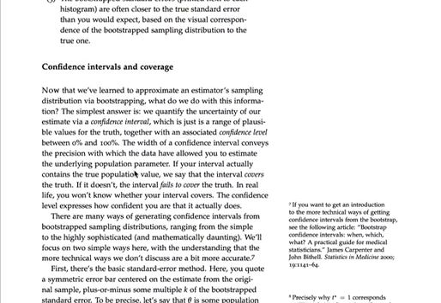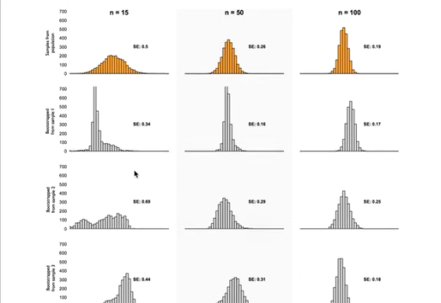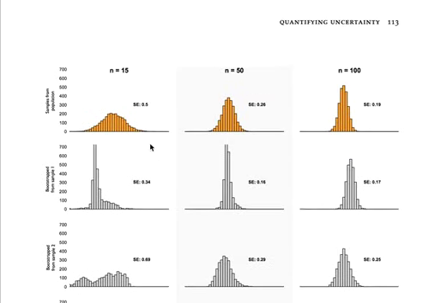And let's now talk about confidence intervals. All right, this picture right here is a nice picture, and I encourage you to spend some time with this picture as it's narrated through in the course packet here on page 113. This picture is just designed to give you an idea of how well bootstrapping works in practice. So up here, we've got the actual sampling distributions corresponding to samples of 15 fish, 50 fish, and 100 fish.